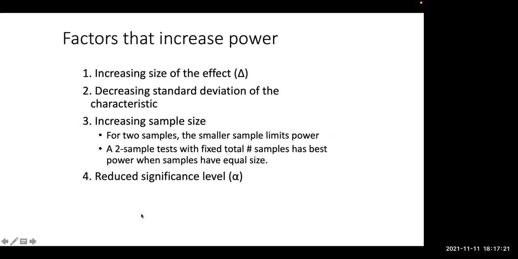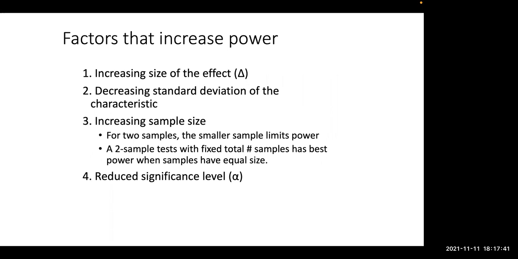Then you're basically able to increase the effect size, and you make sure that this difference is really as large as it can be with that intervention, or you increase the intensity of the intervention. Secondly, you can decrease the standard deviation, which is usually done by increasing the sample size that you're sampling.